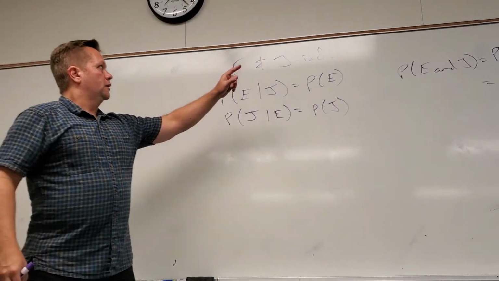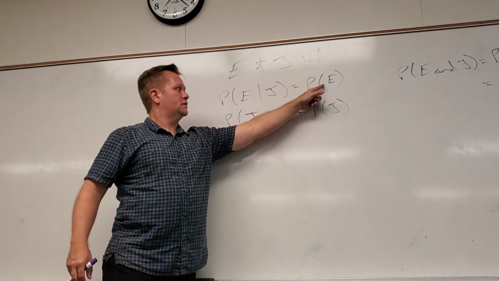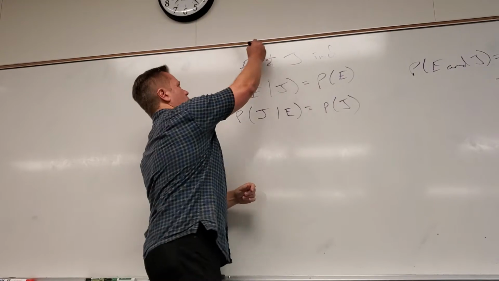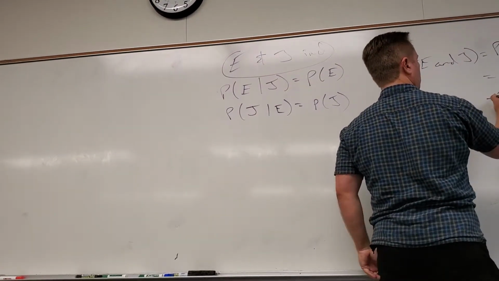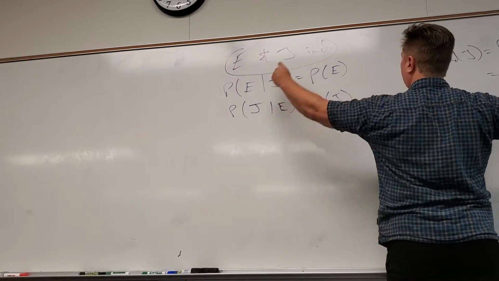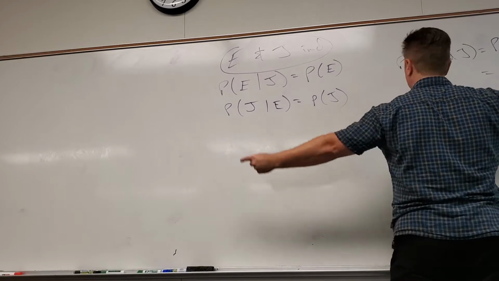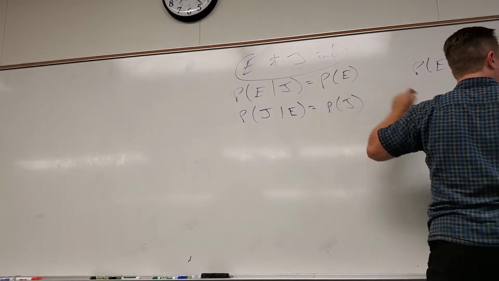So if they told me this, and they told me this and this, how can I rewrite this formula right here? If they are independent, what does this equal? Probability of E. And again, that's what I said earlier.